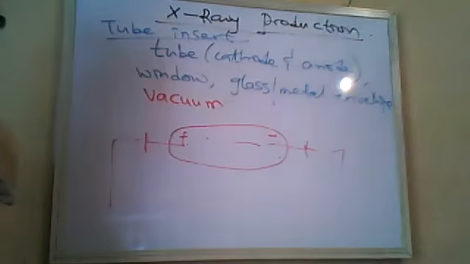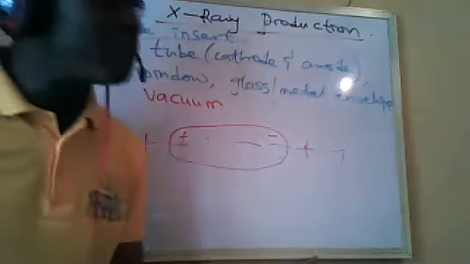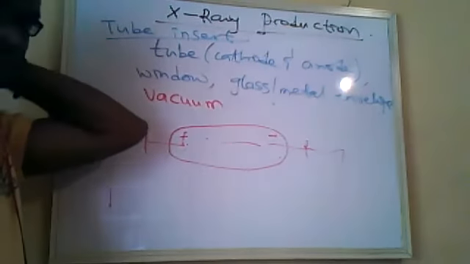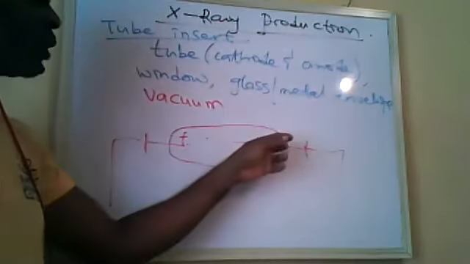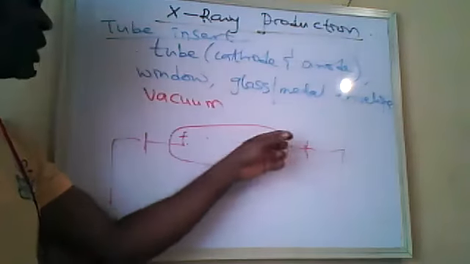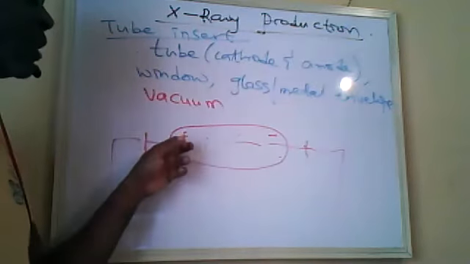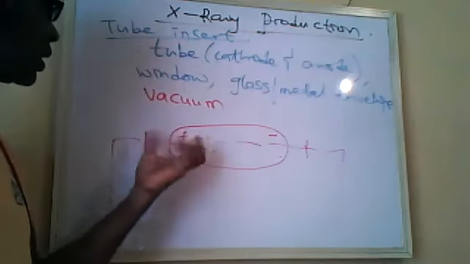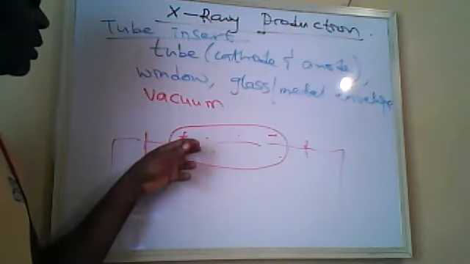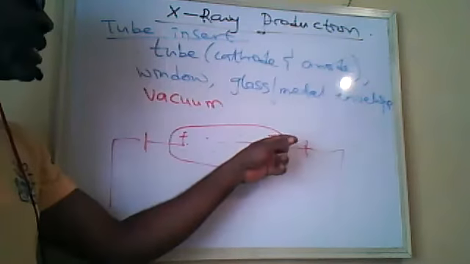At times we have tube failure, and it's not just because of a problem associated with the cathode and the anode. Most times the cathode has an issue.